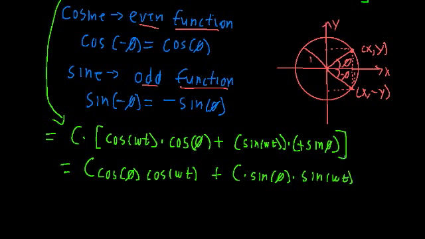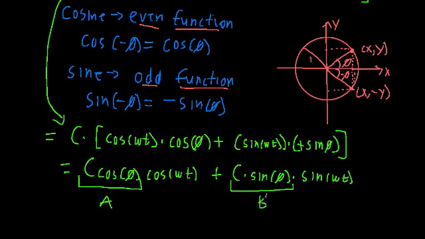Now, I just want to point out that C and phi are both constants. It's not like they're functions of time. Since phi is a constant, cosine of phi and sine of phi just correspond to a constant value. So you can replace all the constant values. C cosine phi is just another arbitrary constant. Let's call it A. And C sine phi is a constant too.